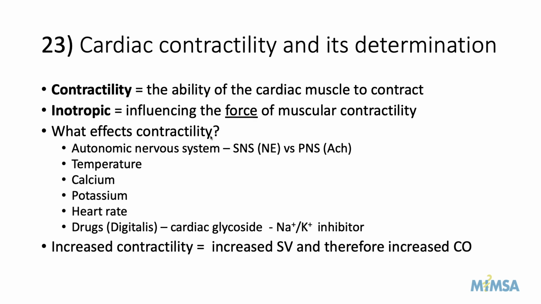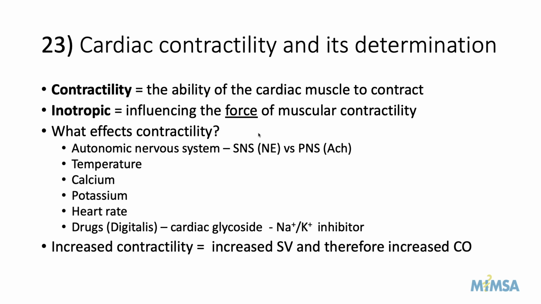So basically, what affects contractility? What affects how hard the muscle can contract? What affects the force at which the heart muscle can contract? This can also be said in a different way. All these can be known as inotropic agents. So what are inotropic agents? The main one, which affects contractility, is your autonomic nervous system, which is your sympathetic nervous system and your parasympathetic nervous system.